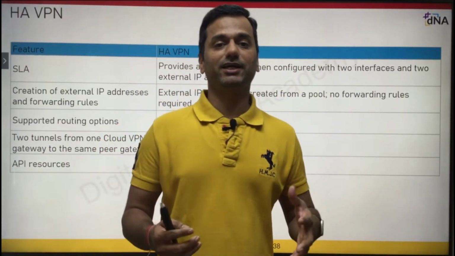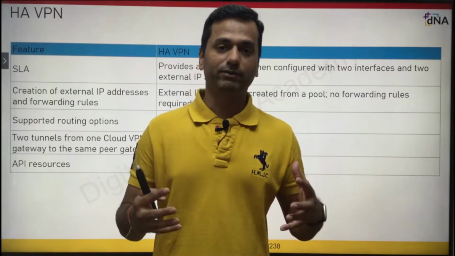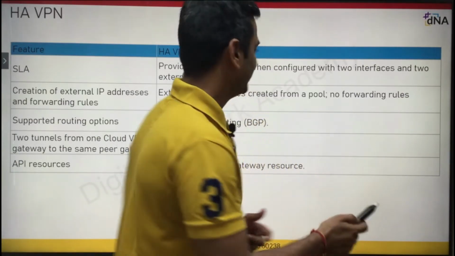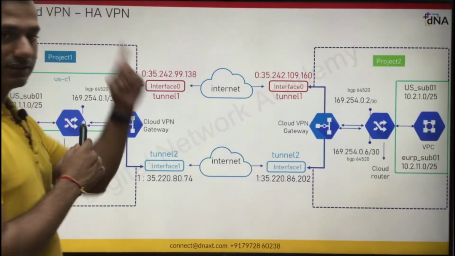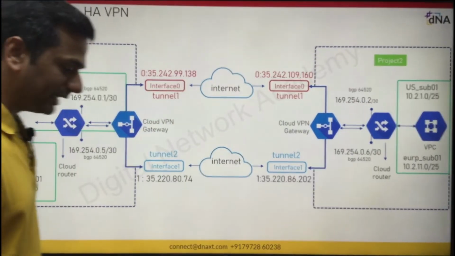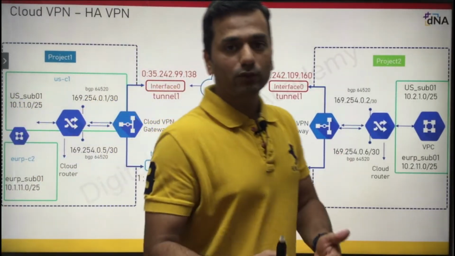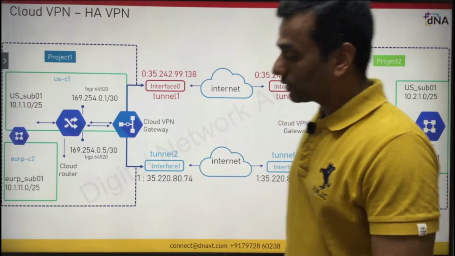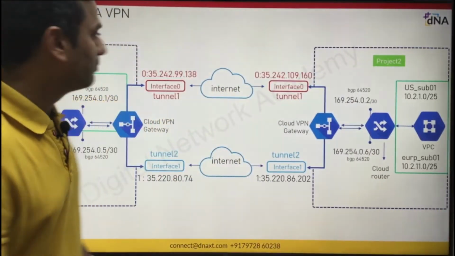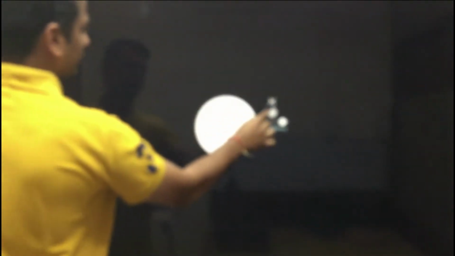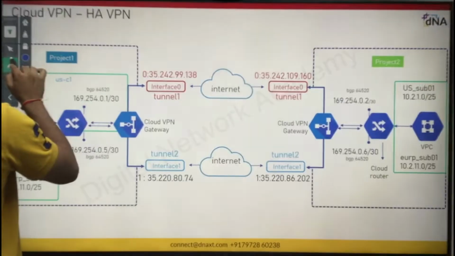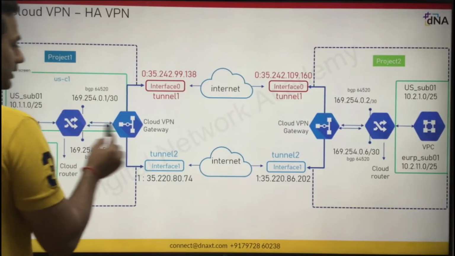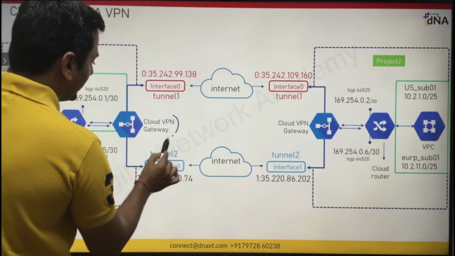What does the HA VPN topology look like? What are the components you would require? To know about the components, please refer to the Cloud VPN part. The most important component is your Cloud VPN gateway.